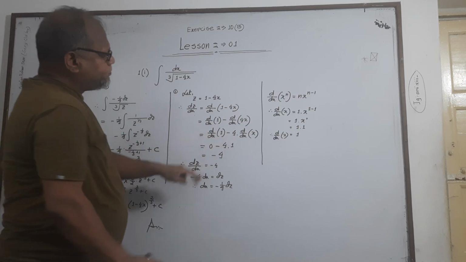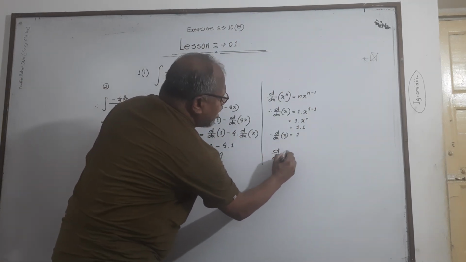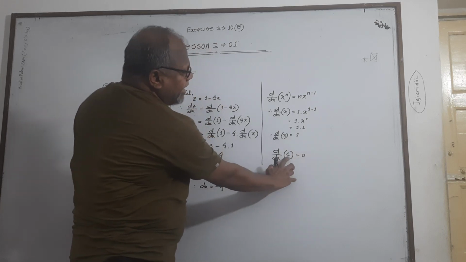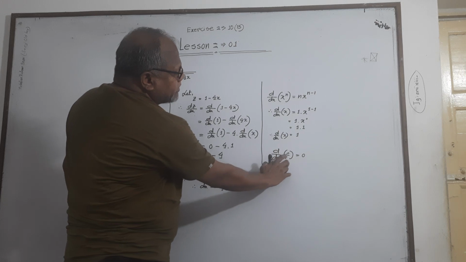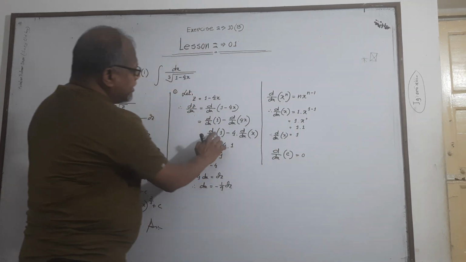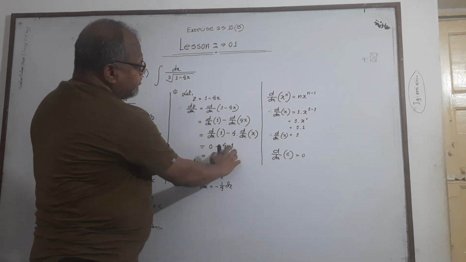Here I can write another formula: d/dx of c is equal to 0, where c means any constant number. So d/dx of 1 is 0, minus 4 into d/dx of x, which is 1.